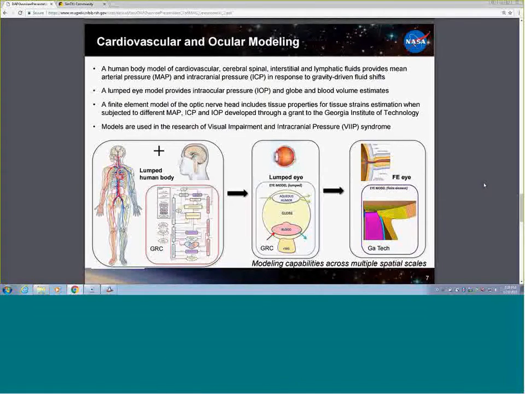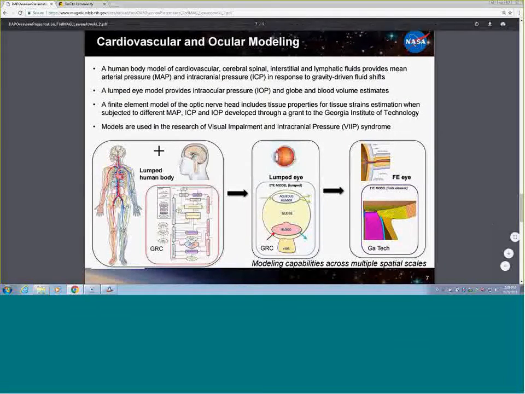And these models are being applied to help study the visual impairment and intracranial pressure syndrome, which is the syndrome where astronauts are coming back from long-term space missions with vision impairment.